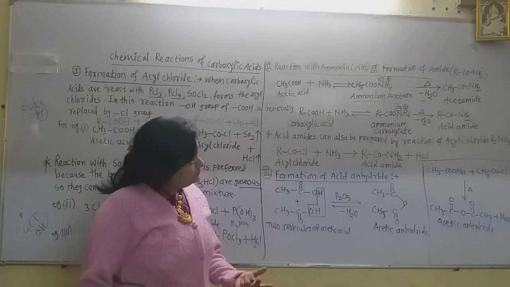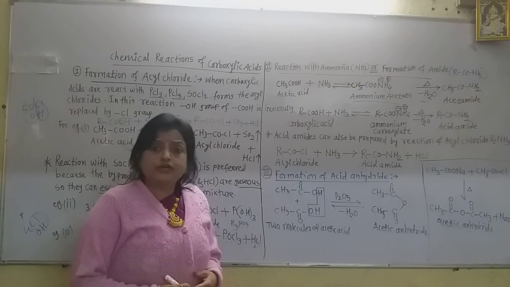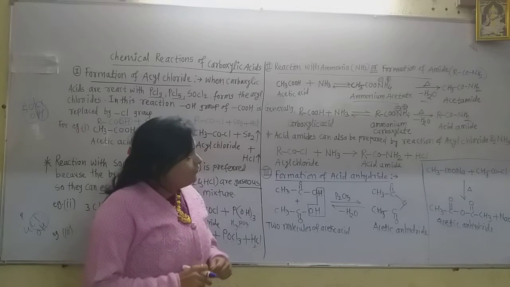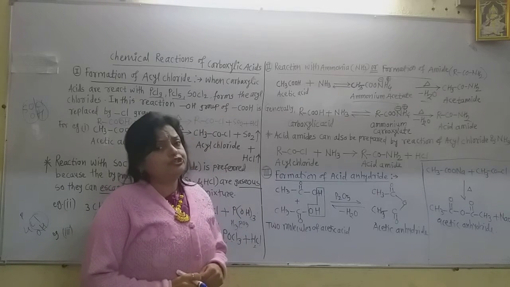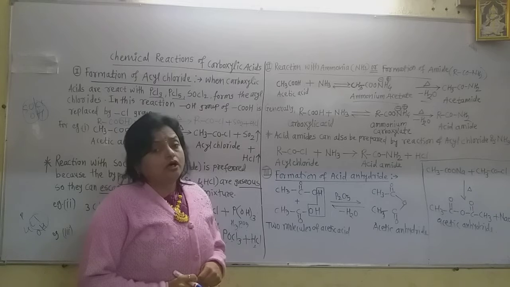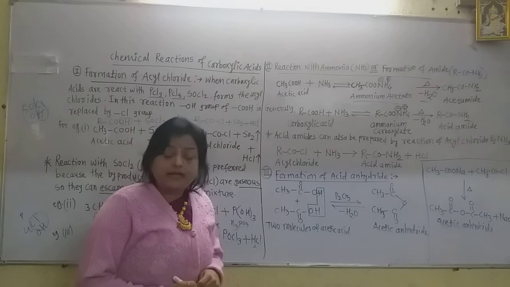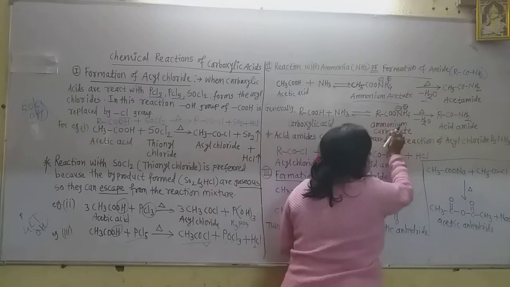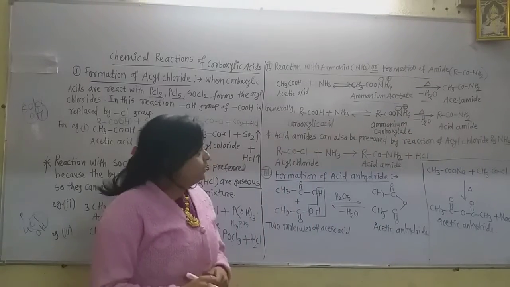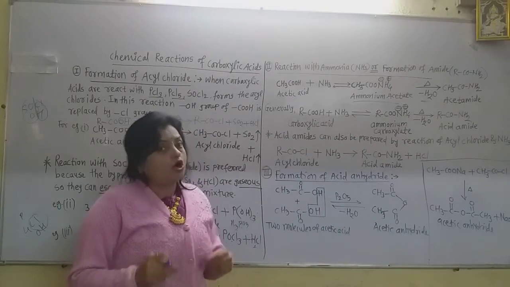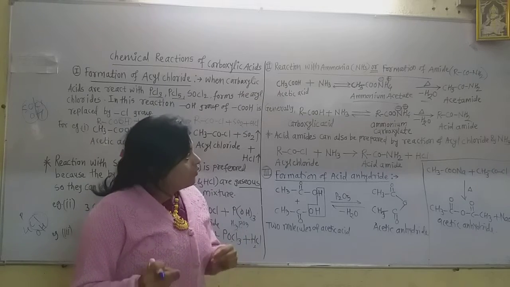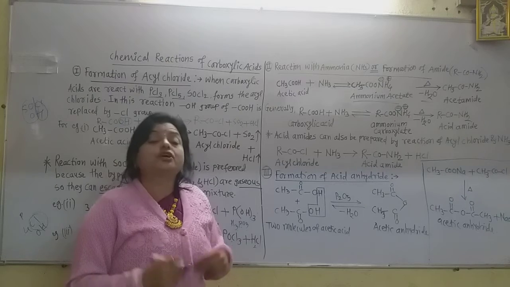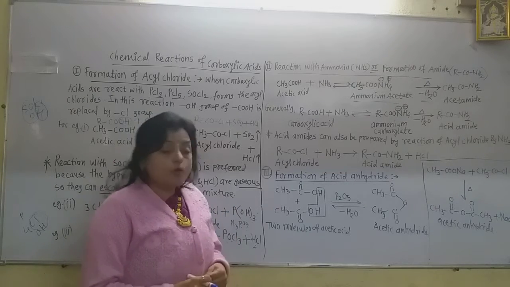But generally RCOONH4 is called ammonium carboxylate, and very strong heating is required for obtaining the amide. Remember that on very strong heating, this ammonium carboxylate directly gives the amide on elimination of the water molecule.